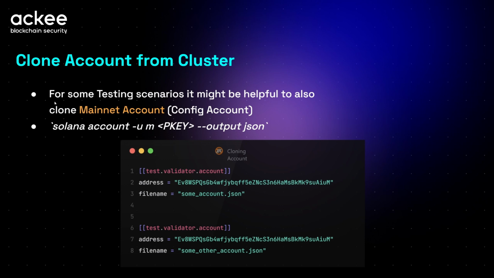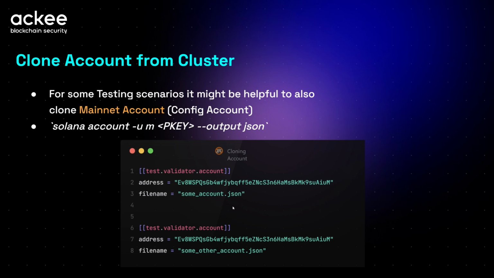So for some testing scenarios, it might be helpful to also clone a mainnet account. In this case I specified mainnet, but it can be whatever, also devnet, and you can do it with solana account. Again, the option for mainnet, you specify the public key of the account from mainnet, and then the output format of the account, in this case JSON.